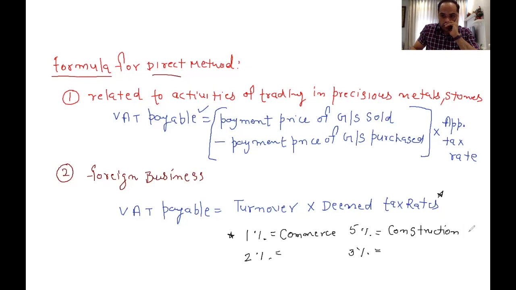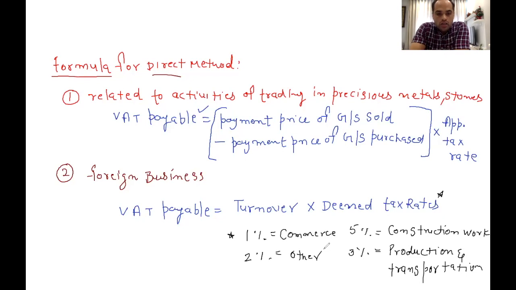The third one is production and transportation. And whatever is left comes under others. Is it 2%? So these are basically the kinds of goods and services that come under the categories of deemed tax rates, all right?